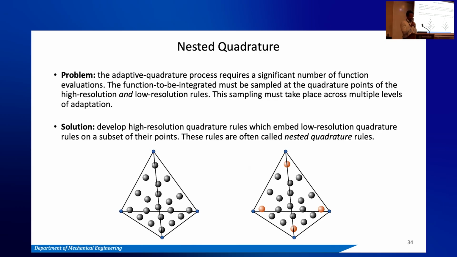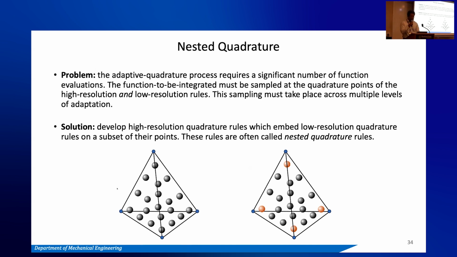Ideally you would like to reduce the number of function evaluations, and the solution to that is to use some sort of nested quadrature rule. These, of course, exist in 1D, and you can take tensor products of them to generate higher dimensional nested quadrature rules. But to our knowledge, they do not exist on simplices.